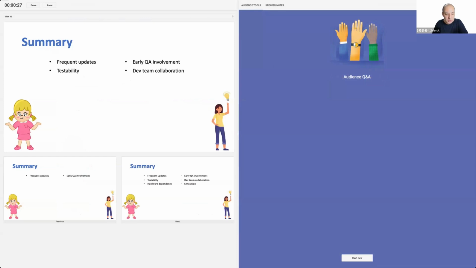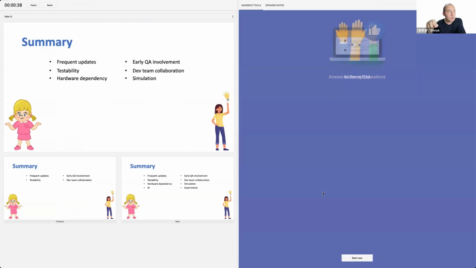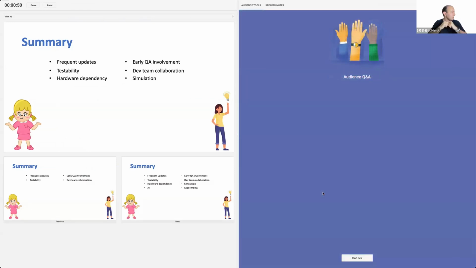So early QA involvement is a very important key here. And what else? We discussed testability issues, which is again related to building some good connections and relations with the developers. So as QA engineers, please try to work very closely with the other teams.